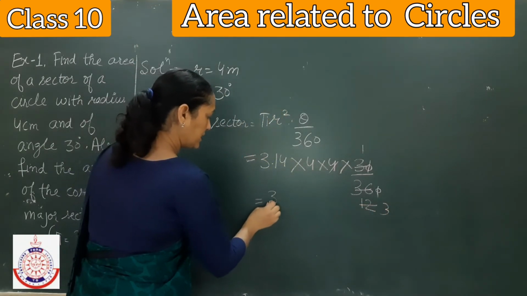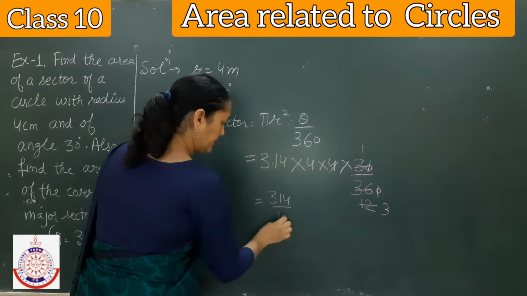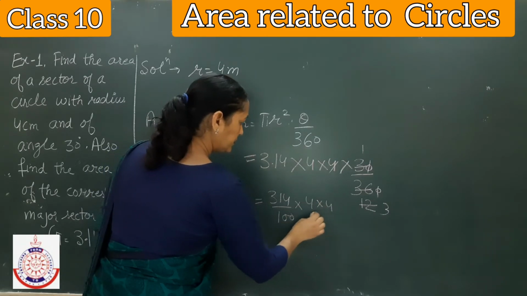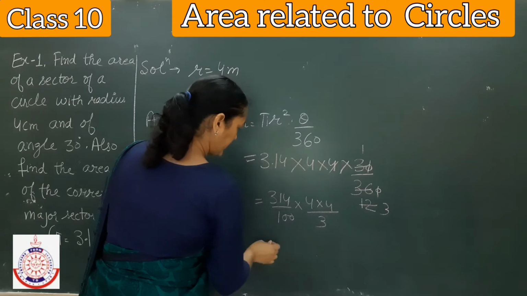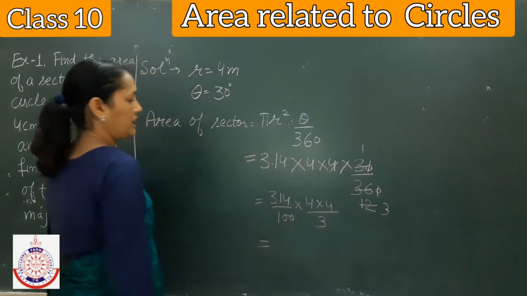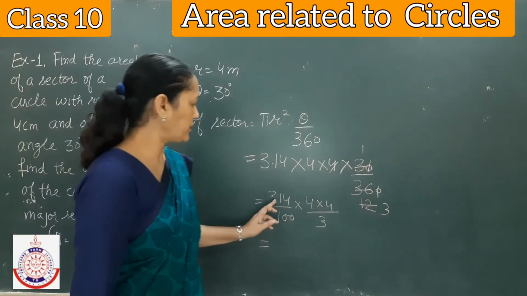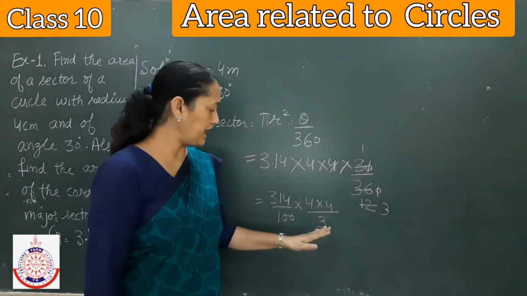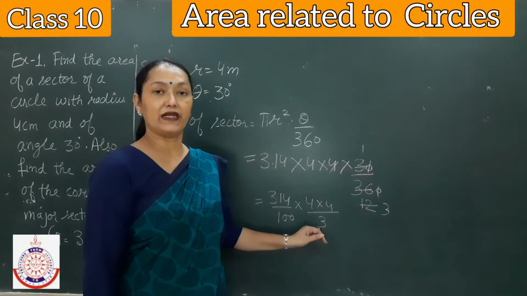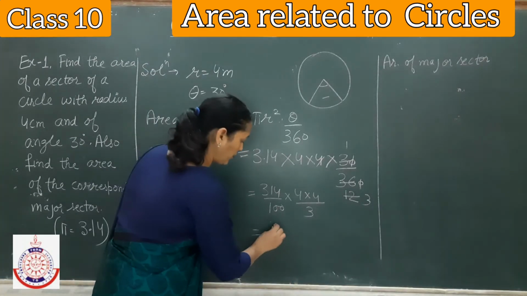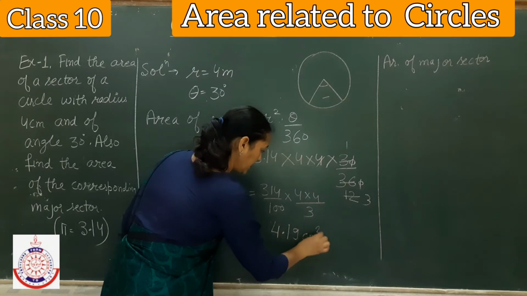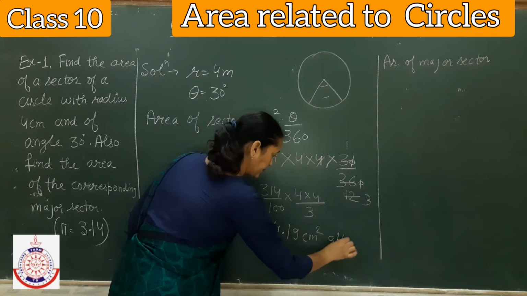So after cutting, multiplying 314 with 16 and dividing the answer by 300, we will get 4.19 centimeter square approximately.